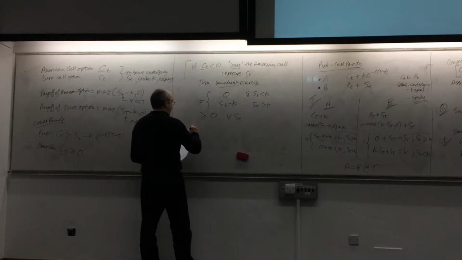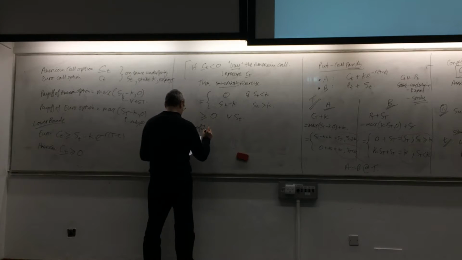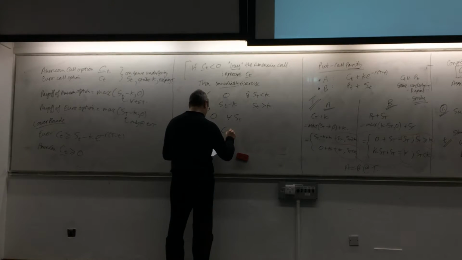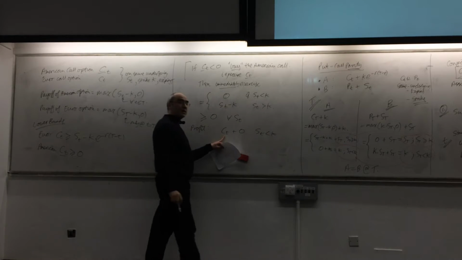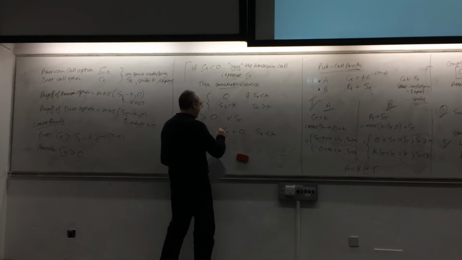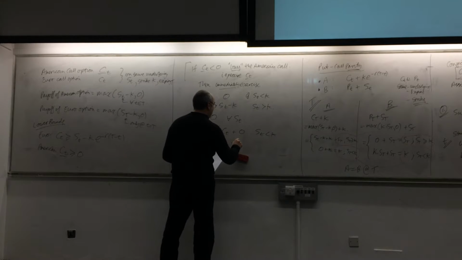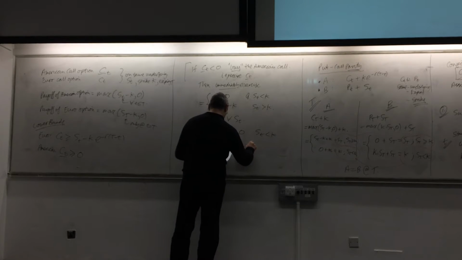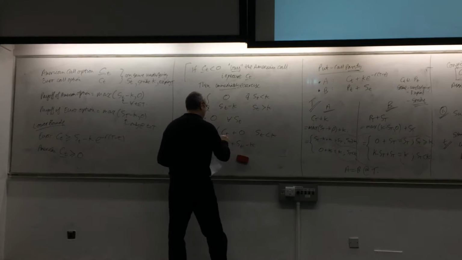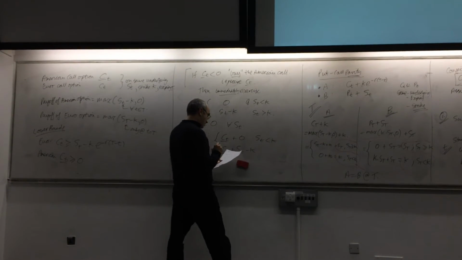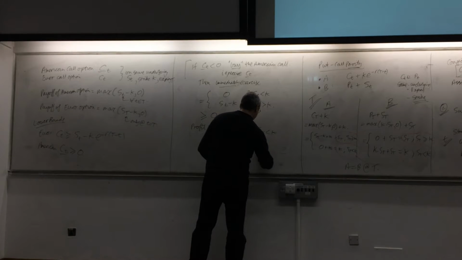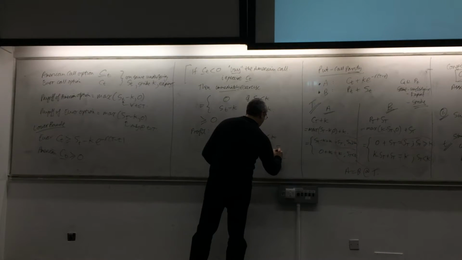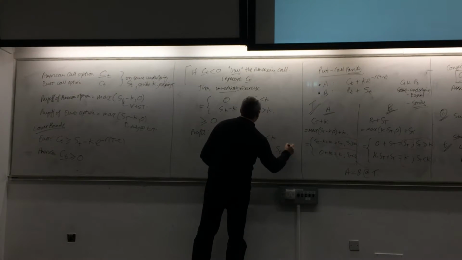So the profit then is C_t plus 0 for ST less than K, because I've received that money just now, and it's C_t plus ST minus K for ST greater than K, which is greater than 0 for ST greater than or equal to K.